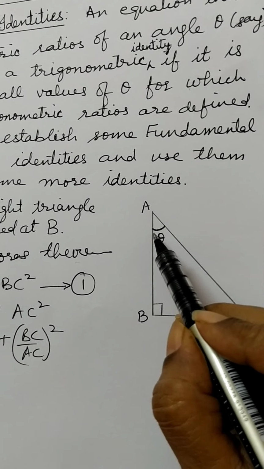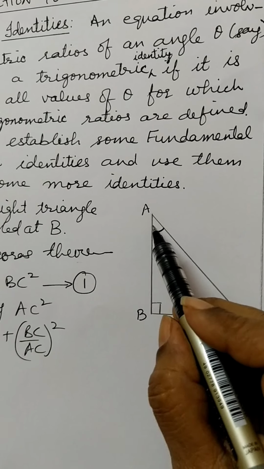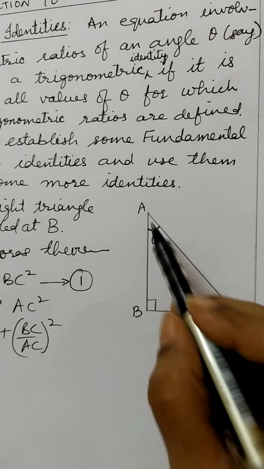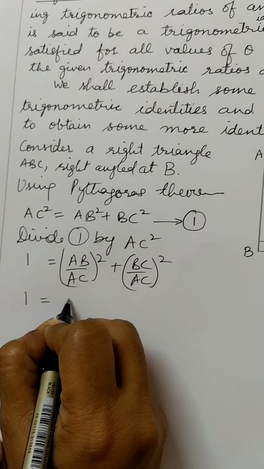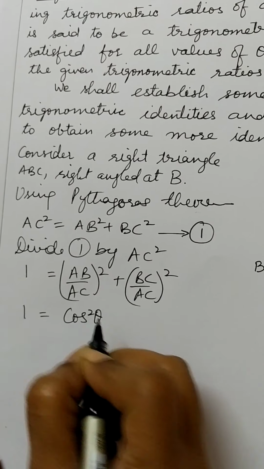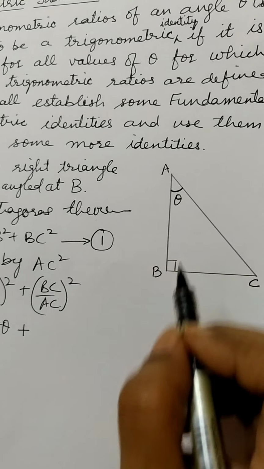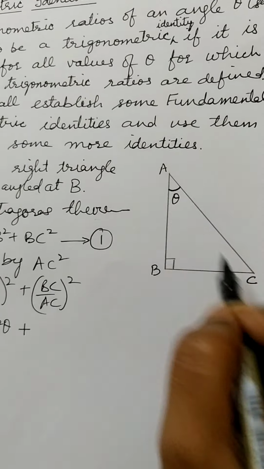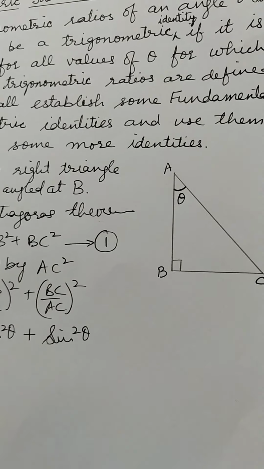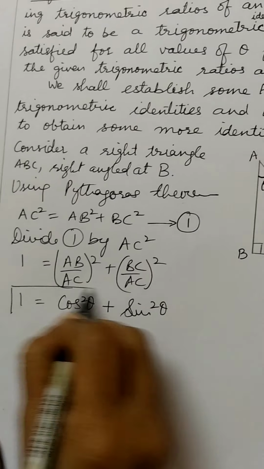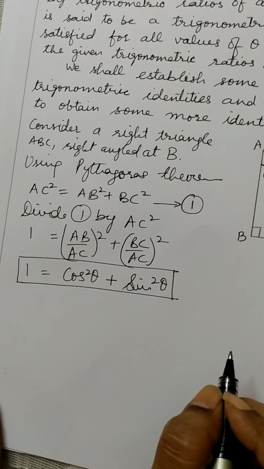AB is the side adjacent to theta and AC is the hypotenuse. So side adjacent to theta upon hypotenuse is cos theta. So it will be cos square theta plus BC upon AC. Now BC is the side opposite to theta. Side opposite to theta upon hypotenuse is sin theta. So it will be square of sin theta. So here we have got our first fundamental trigonometric identity.